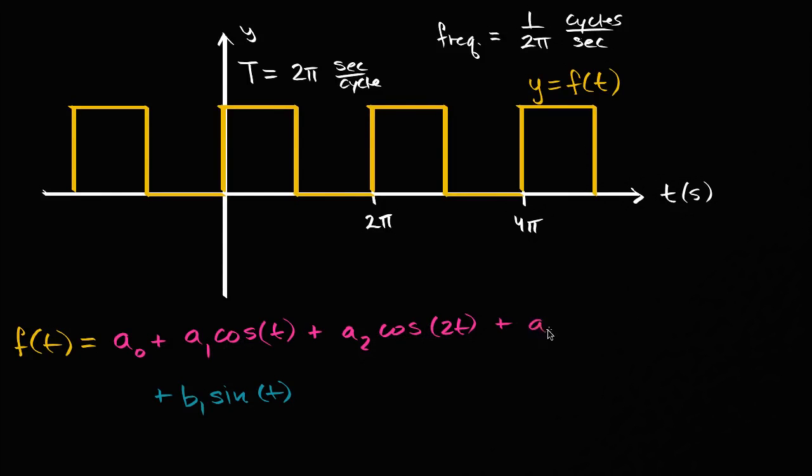And then a sub 3 times cosine of 3t. And I'm going to keep going on and on forever. And I'm going to do the same thing with the sines. So plus b2 sine of 2t plus b3 sine of 3t.